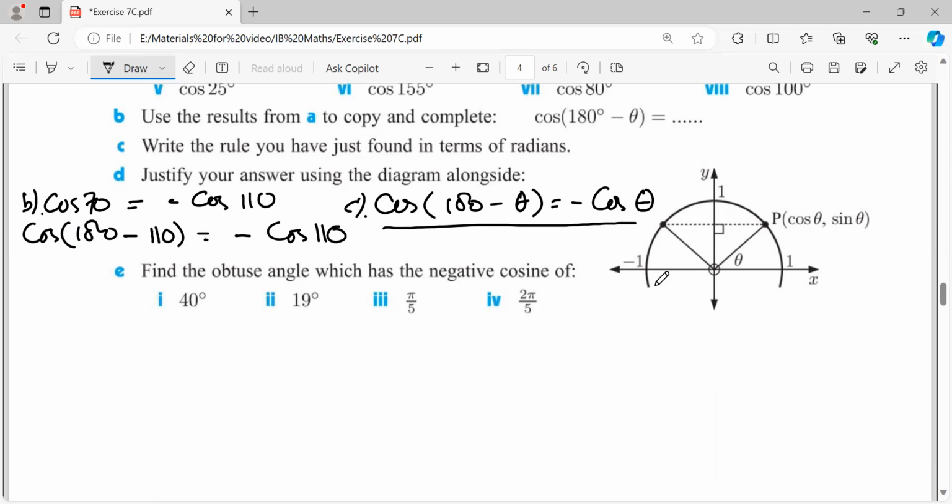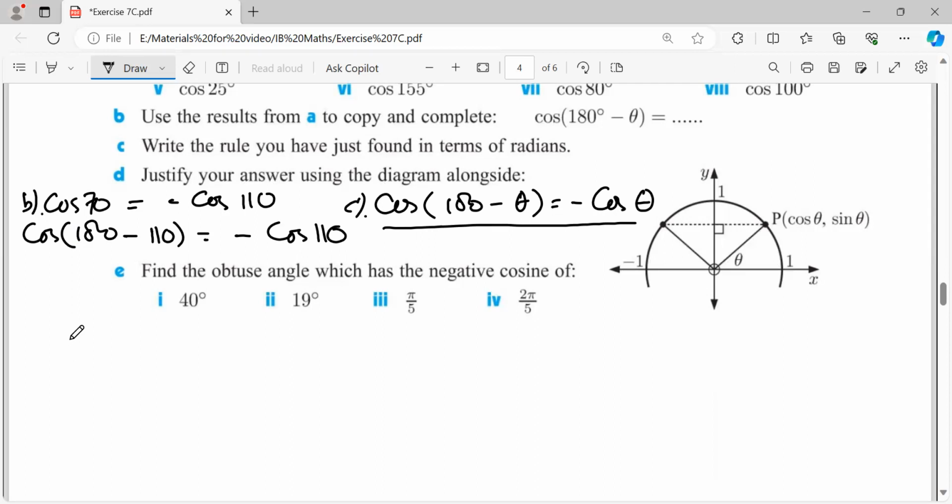Just now, x in P is positive and x in P prime is negative. So they have different signs of x, positive and negative, like this.